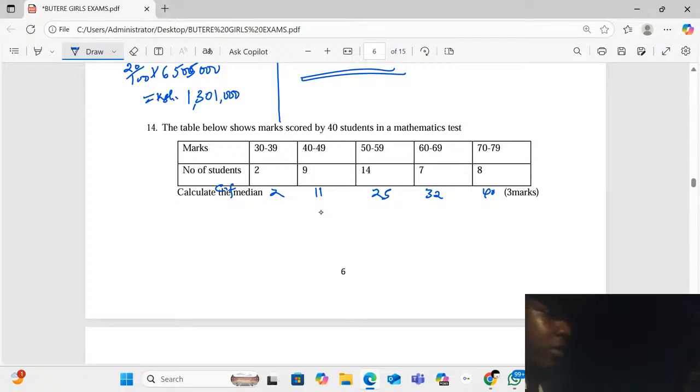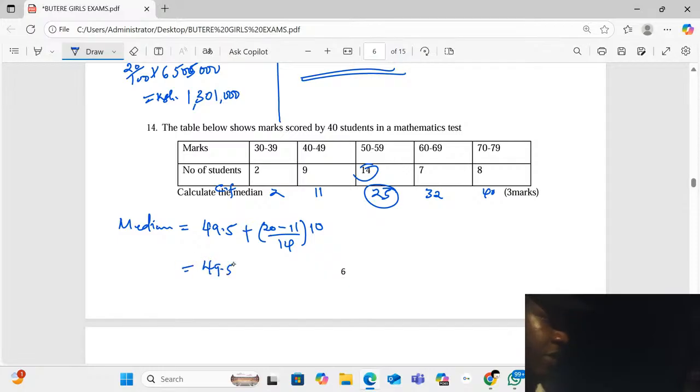So the median, we take now the lower class limit. 20 now falls in this bracket, so the lower class limit will be 49.5, plus we shall take now 20 minus now the previous cumulative, which is 11, divided by the frequency, which is 14. And then you multiply by the interval from 30 to 39, that is an interval of 10. So that is how we find the median.